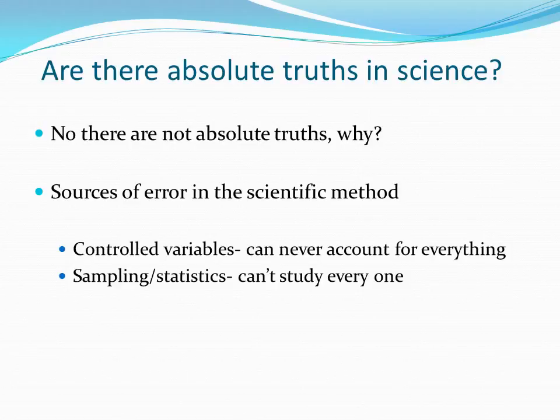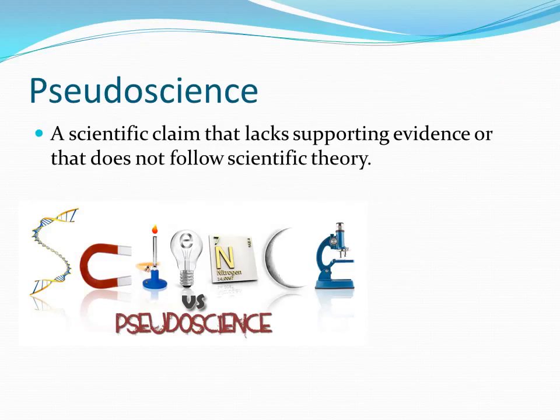Things that might be more colorimetric. Pseudoscience is something that we'll be talking about in this week's lab. It is a scientific claim that lacks supporting evidence or that does not follow scientific theory. So for instance, if I had a false news situation where somebody came on the news and said that eating lots and lots of fat might lower your risk for gaining weight or being obese.